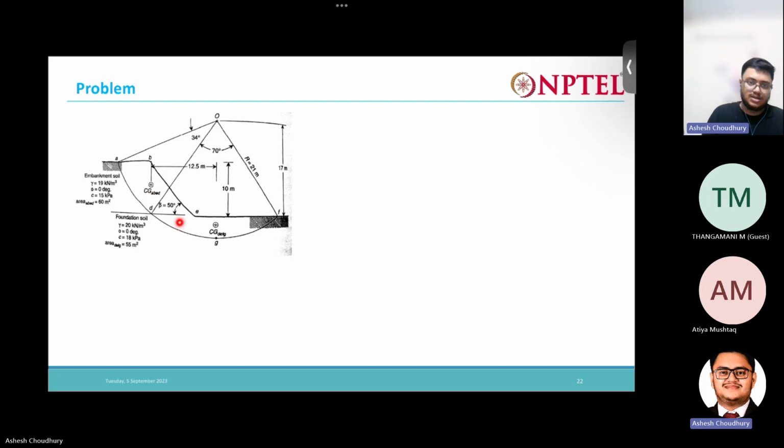The CGs of these masses, ABED and DFG, are also given. The properties of the embankment soil and the foundation soil are given. First we need to determine the factor of safety when there is no geotextile placed, meaning the unreinforced embankment. So let us see that.